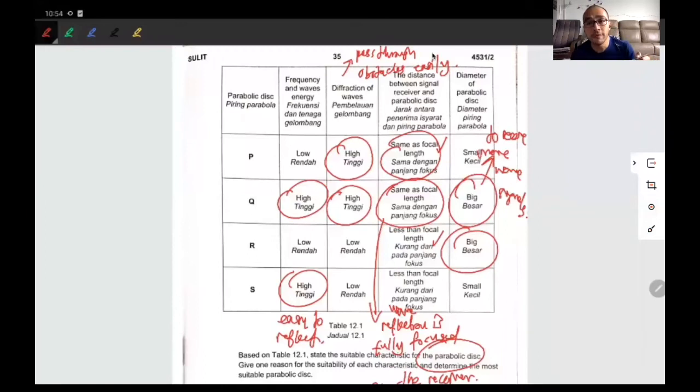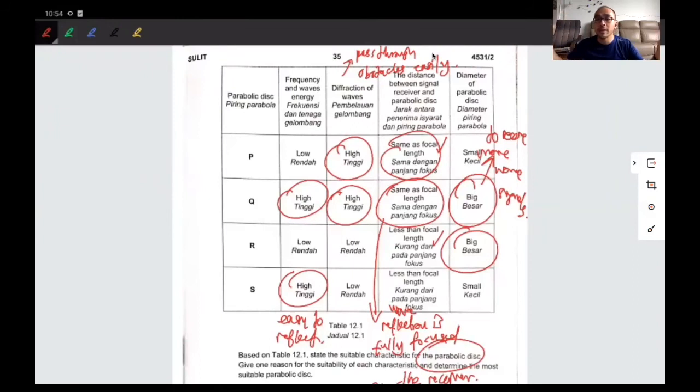If you have ever been to a signal transmission station, you will see that the parabolic disc, the mangkok, is very huge. It's not like our Astro satellite dish, which is so tiny in comparison. The one at the broadcasting station is huge.